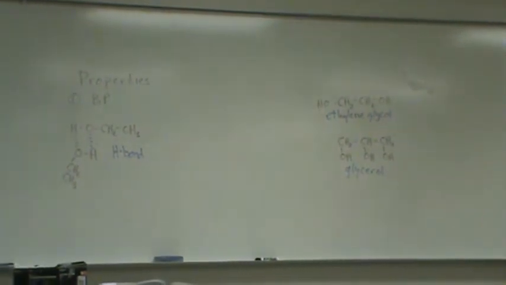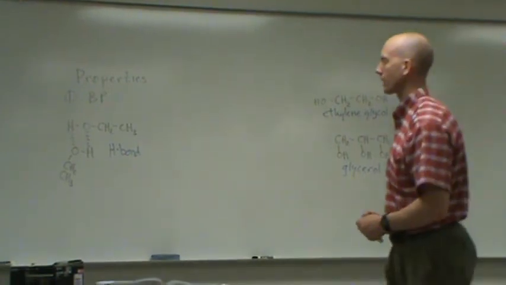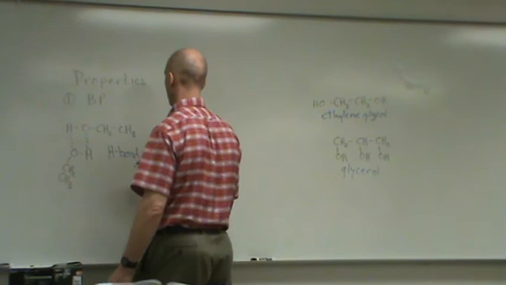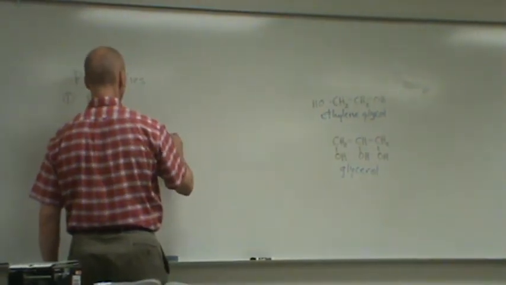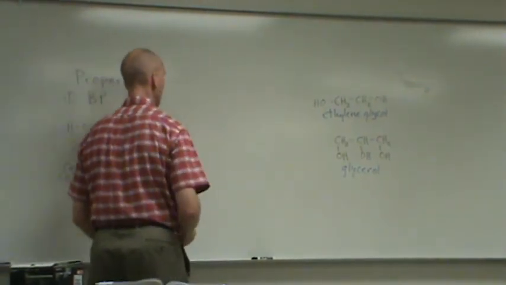Okay, so what do you think that'll do to the boiling point? Make it high or low? It raises it up. Okay, so the boiling point of ethanol, for example, is about 79 degrees.